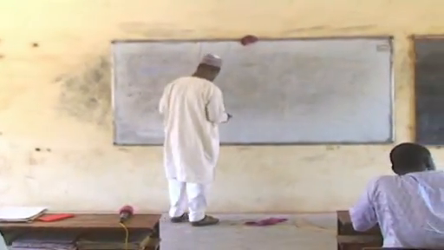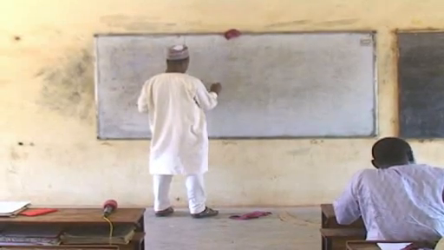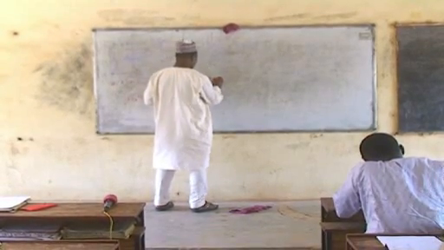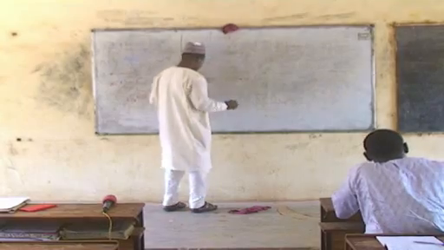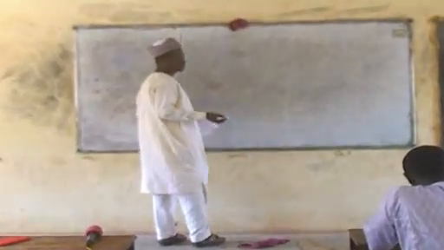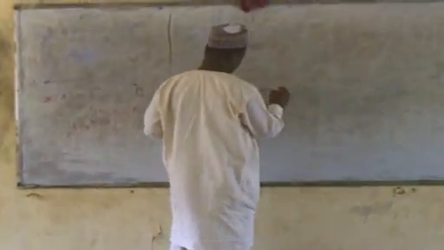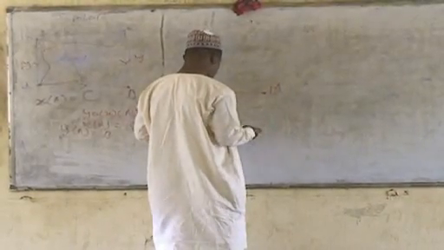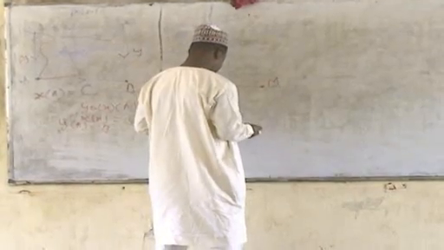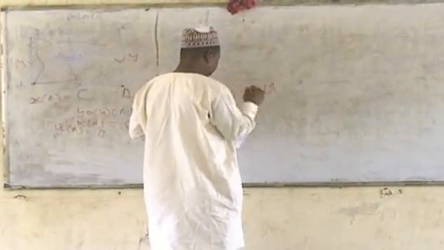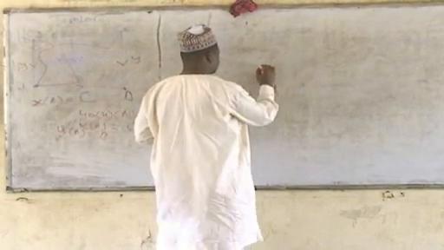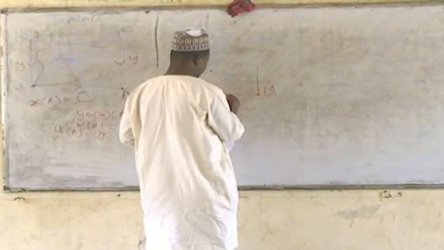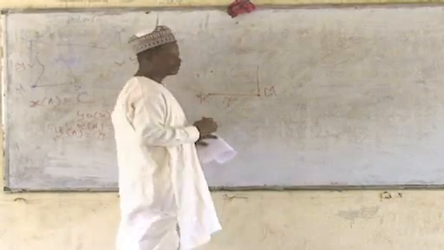Maybe you start from R to some position, maybe L or M. Then on this you apply some mapping, maybe theta.